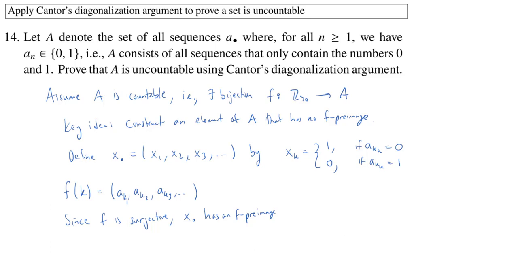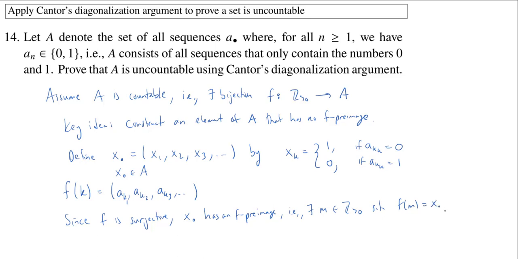The way we defined it, it is a sequence that only has zeros and ones, right? So x dot is an element of A. So x has an f preimage, i.e., there exists some positive integer m such that f of m is equal to x.